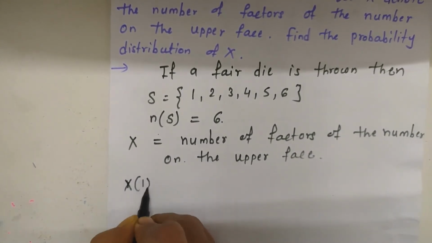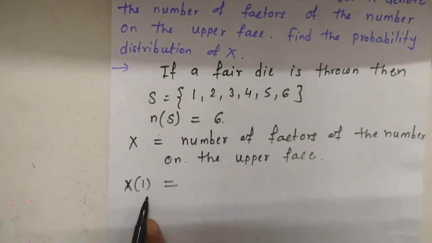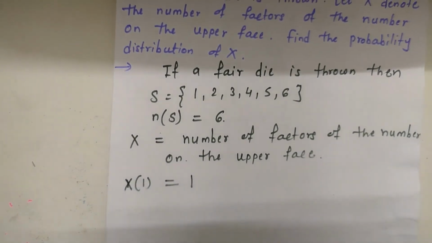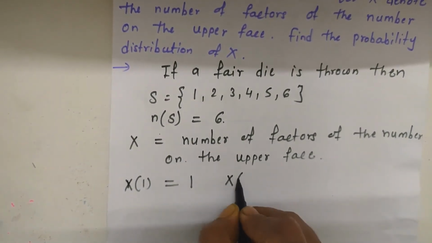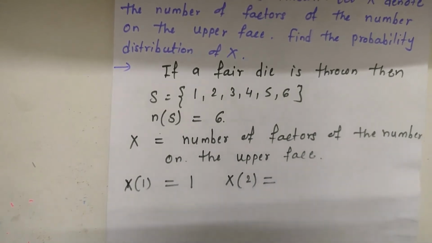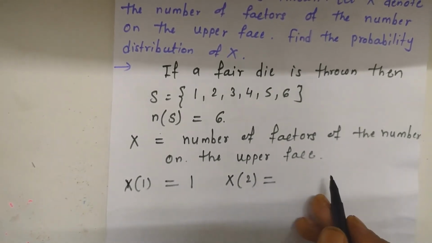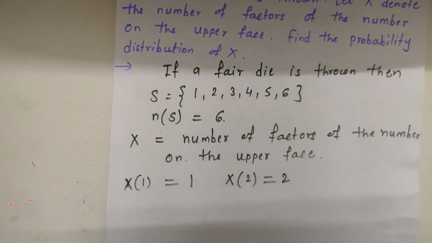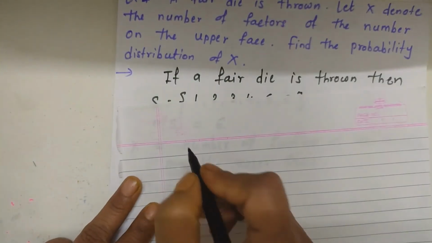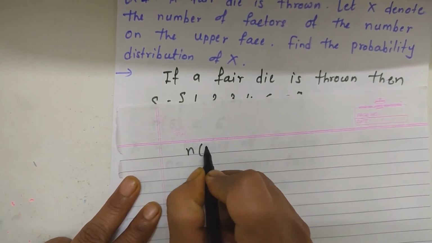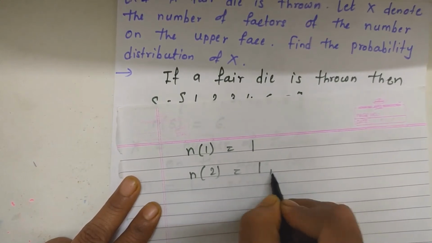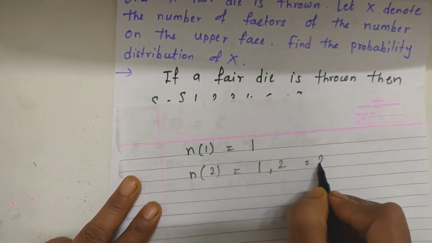X of 1 is equal to, that is, the number of factors of the first element in S is only 1. Number of factors of 2 is 1 and 2, that is, the number of factors is 2.